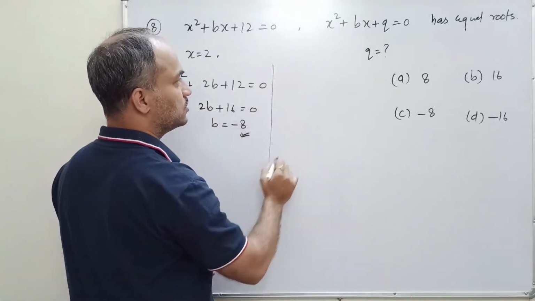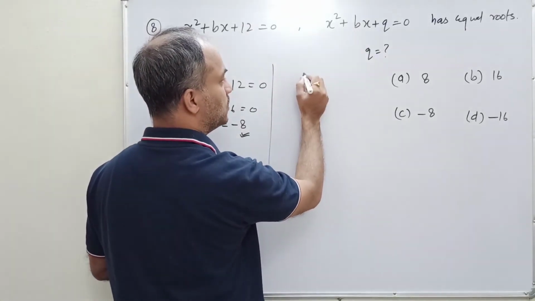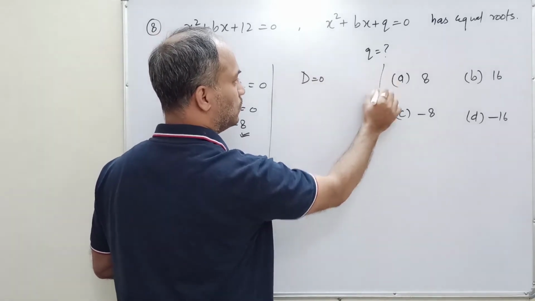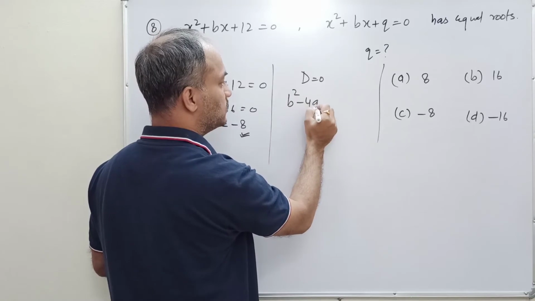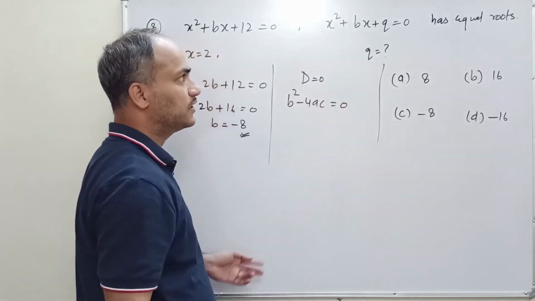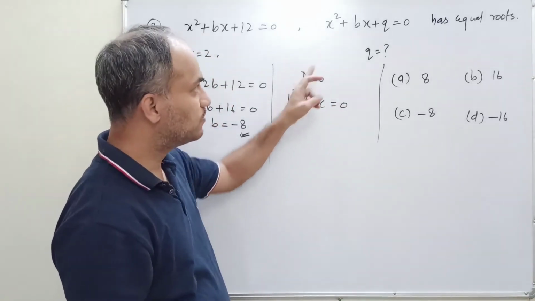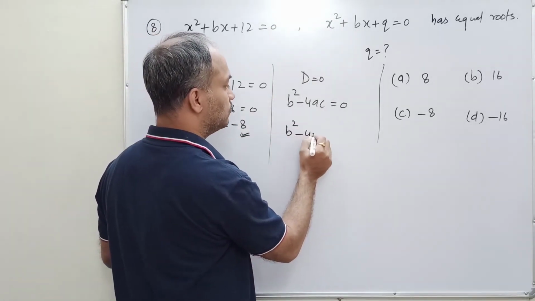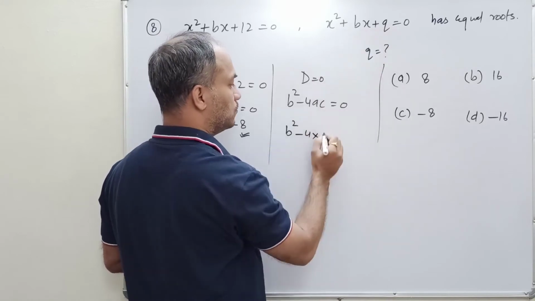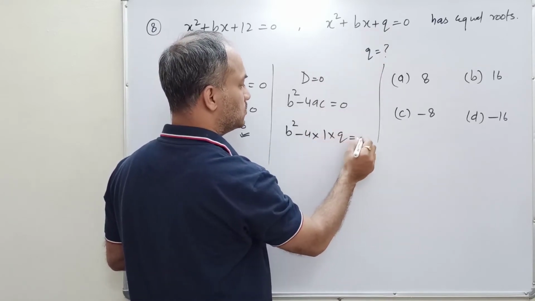And this equation has equal roots. So equal roots means D is equal to 0. So put this condition, b square minus 4ac is equal to 0. Fine. So b square minus 4 into a is 1 and c is q, this is 0.